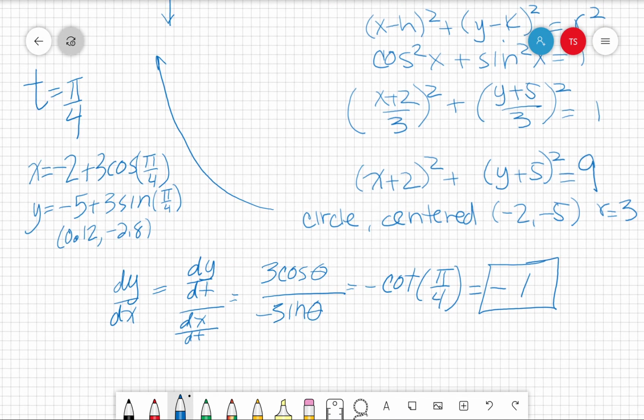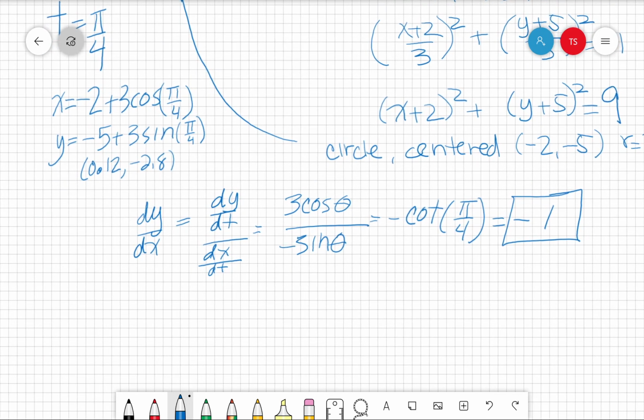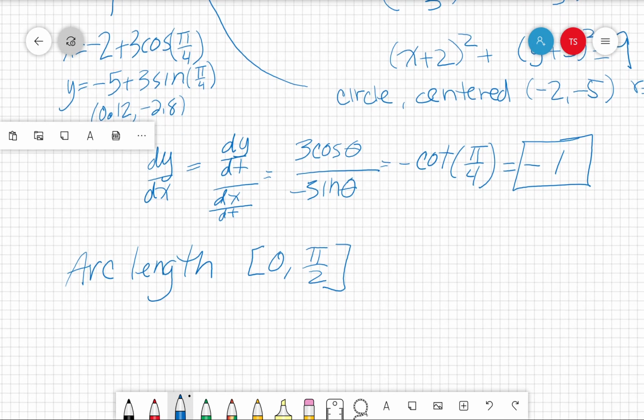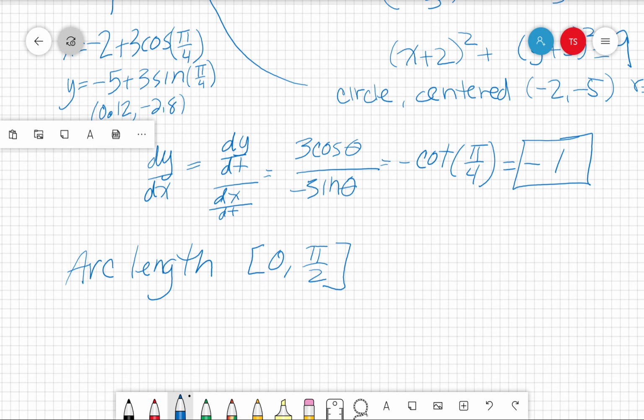And then the other thing that we can do is to find an arc length on this graph. So let's say we wanted to find the arc length in the interval 0 to pi over 2. And so we're using a formula similar to what we've seen before.